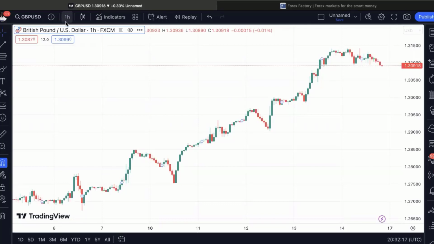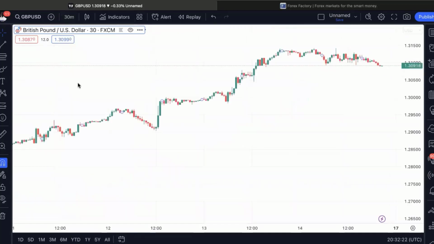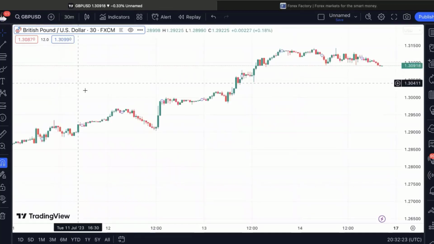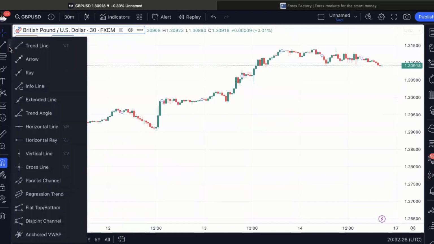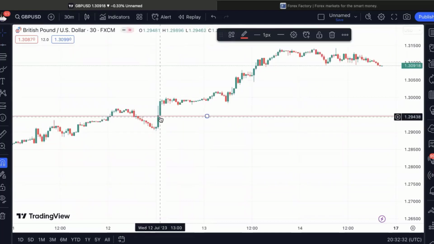So here is how I used to trade the news. I go to the 30-minute time frame. Can you see that? Then I set a buy stop here. Let's say the news was going to be released after this place. Price is still trading here.